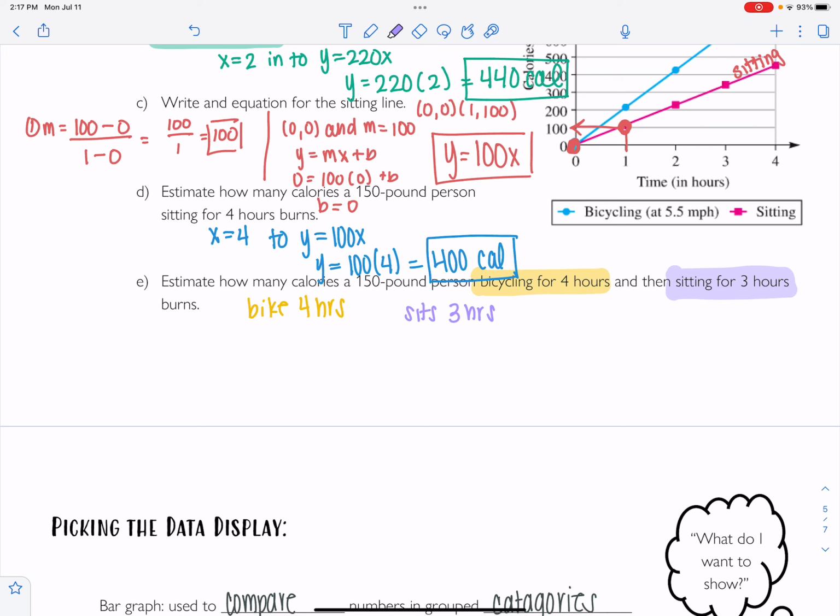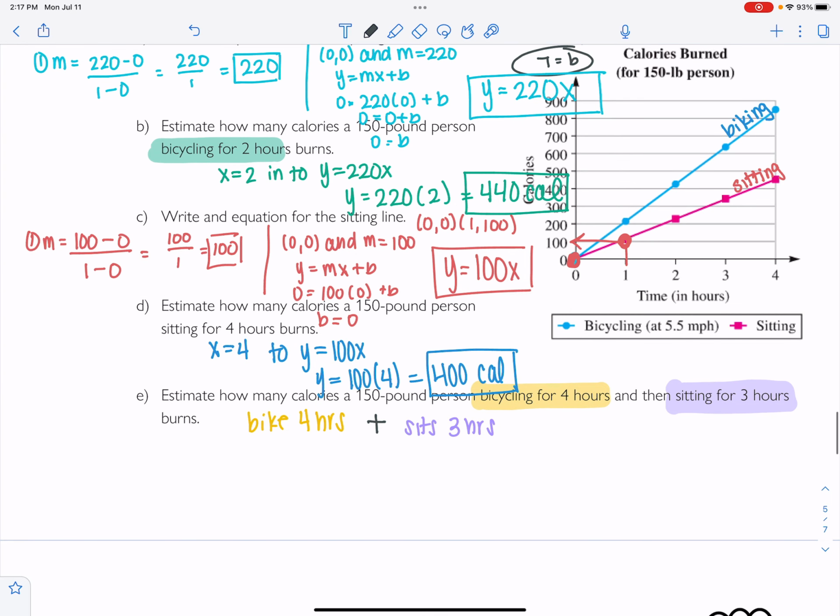If I weighed 150 pounds, how many calories would I burn? Biking for 4 hours and sitting for 3 hours. What we're going to do is just add those two together, and that's going to give me my total estimate calories. Well, the biking equation is this one, y equals 220x.